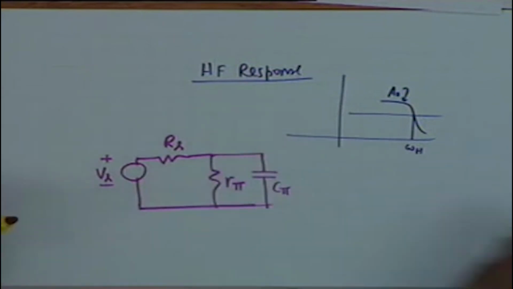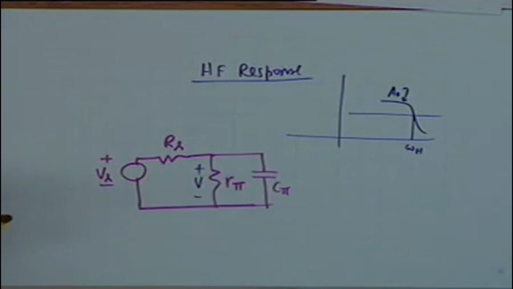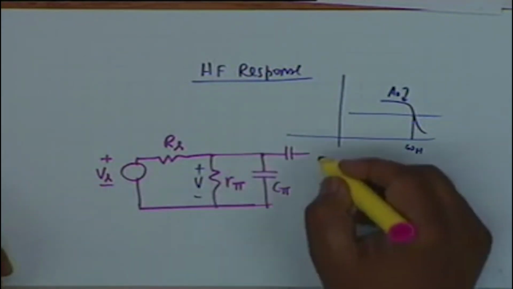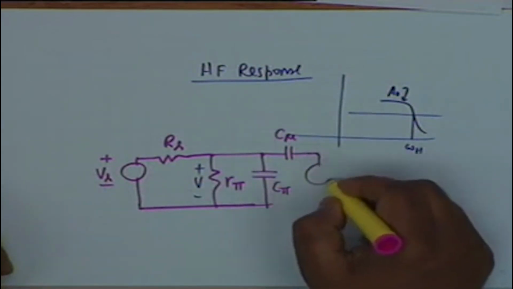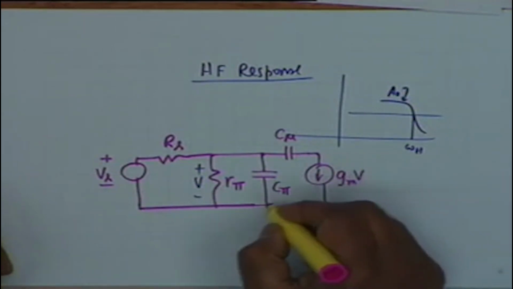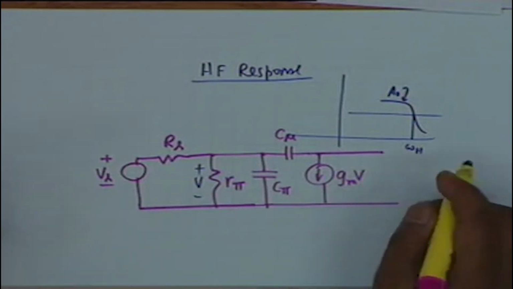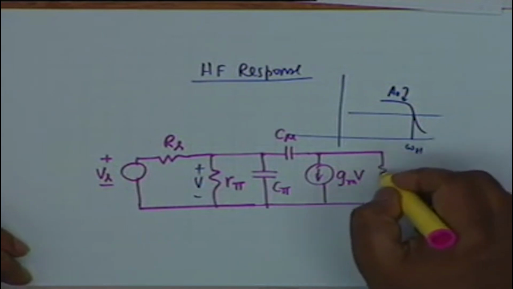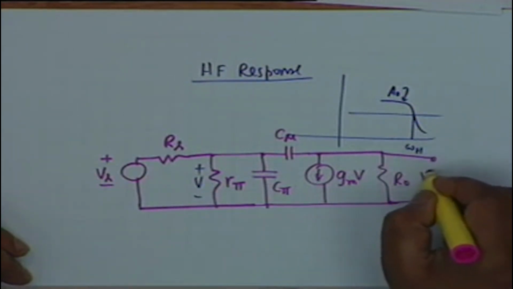This voltage is V, this voltage is V, and then between this end of C pi and the collector, we have the capacitor C mu, the current generator is gm V, and then we have Cc2 short, therefore Rc and RL are in parallel, and so R0, and this is V0.